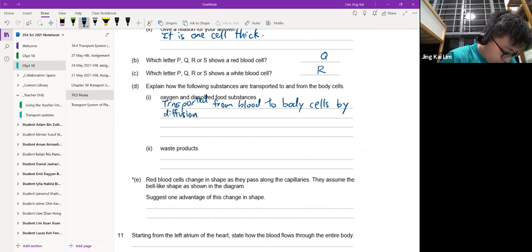Okay, so they are actually transported by diffusion, from the blood to the body cells.